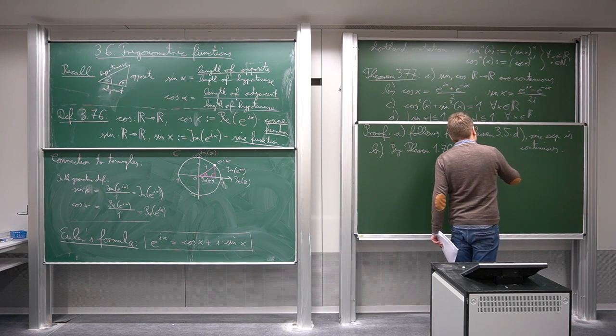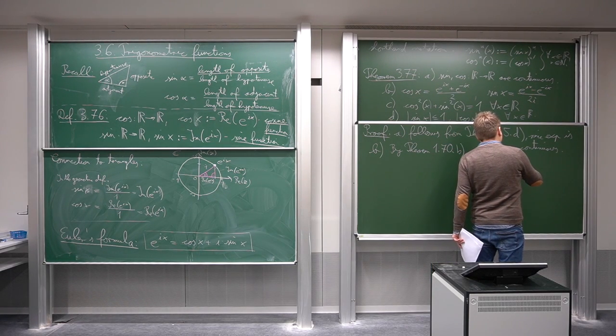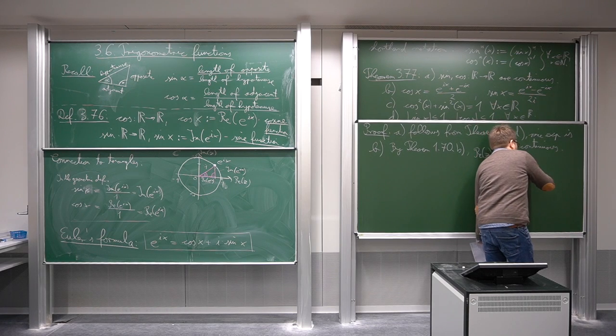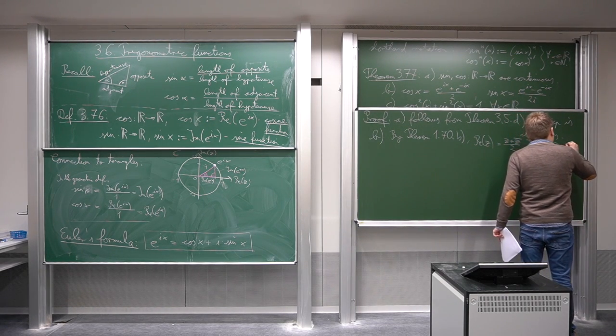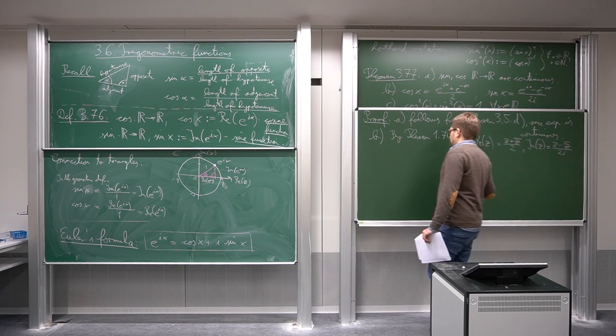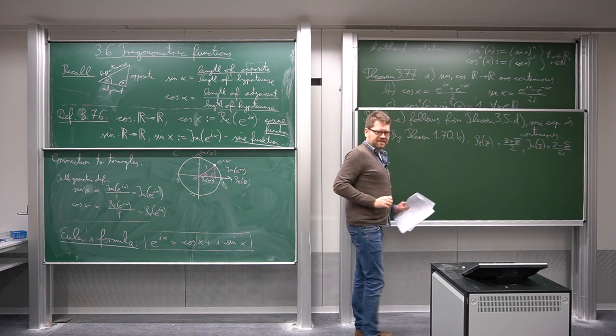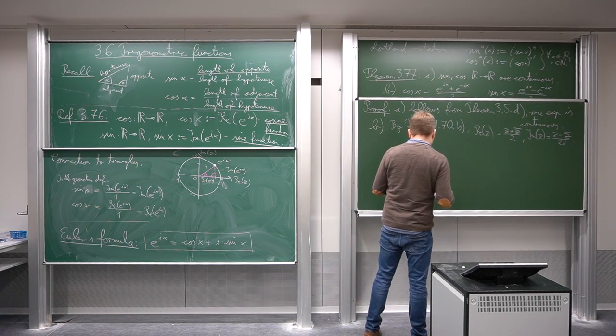There we've seen that the real part of a complex number z is z plus its conjugate z bar divided by 2, and the imaginary part is z minus z conjugate divided by 2i. This was part of the theorem for all complex numbers z, so it was theorem 170. I hope you still have this in mind.